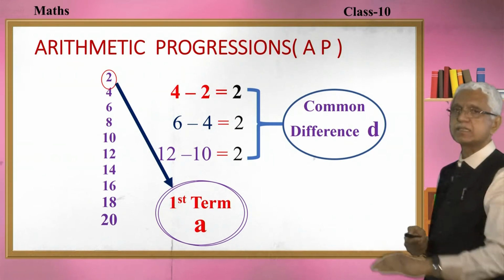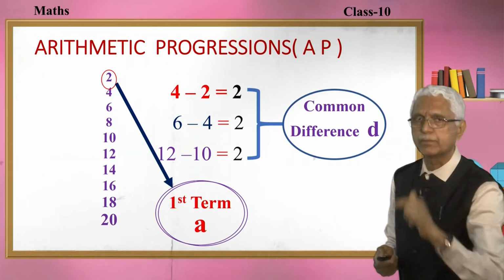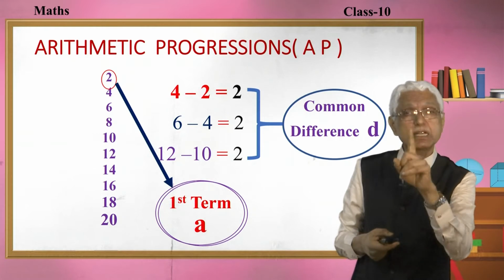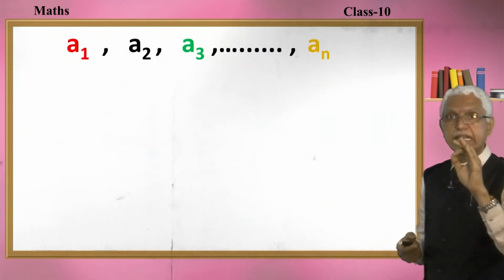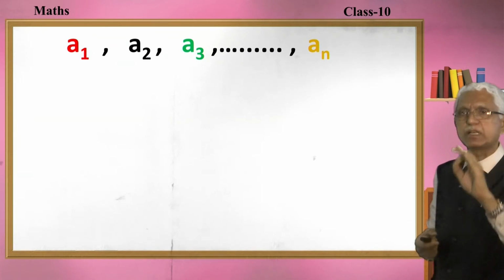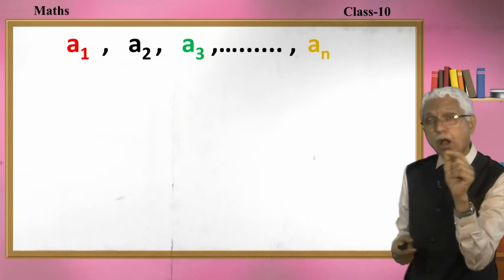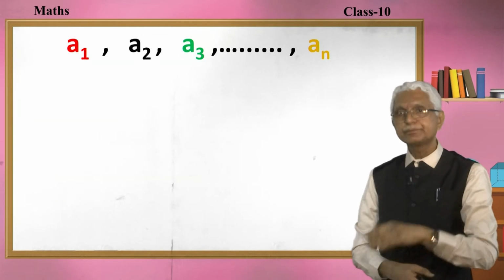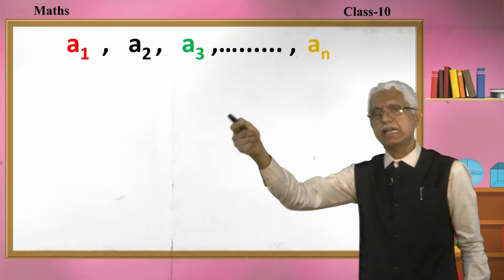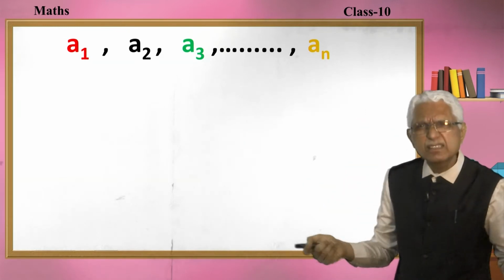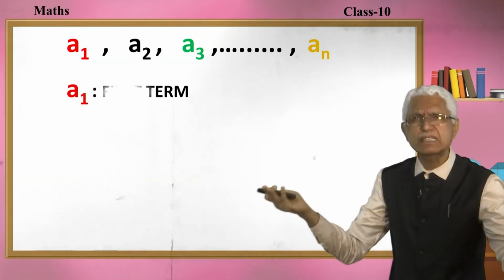And my dear children, now we will introduce one more term. The first term that you write is denoted by the symbol a. So, in any arithmetic progression, the first term is denoted by a and the common difference is denoted by d. Here I have a1, a2, a3, dash dash, an. What are these? It is just a set of numbers I have written.